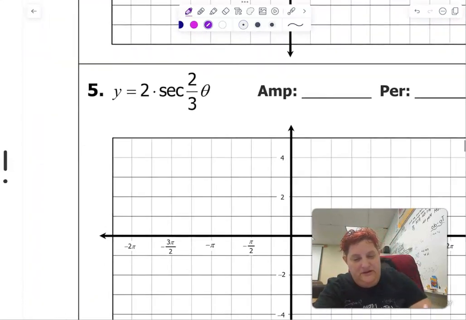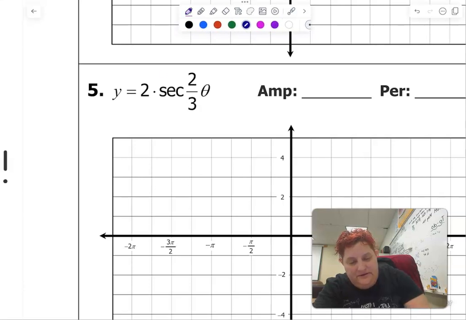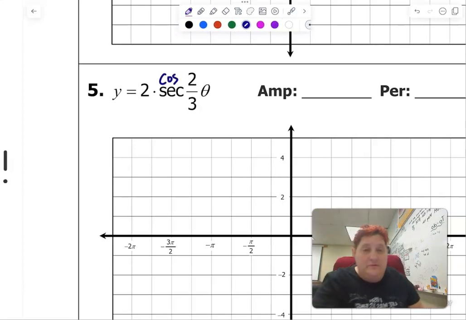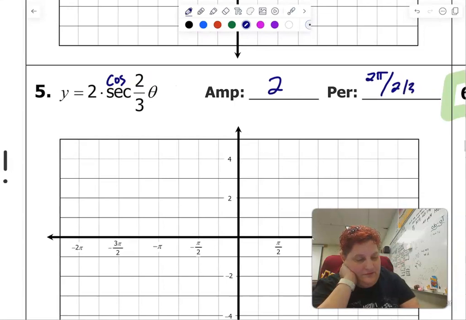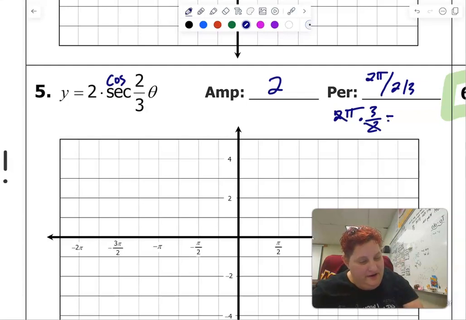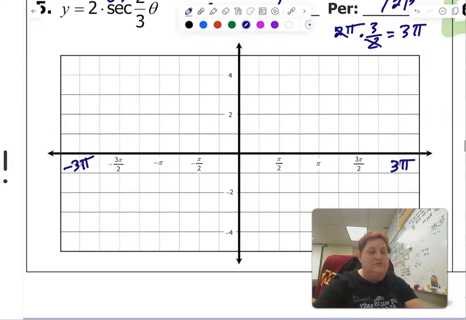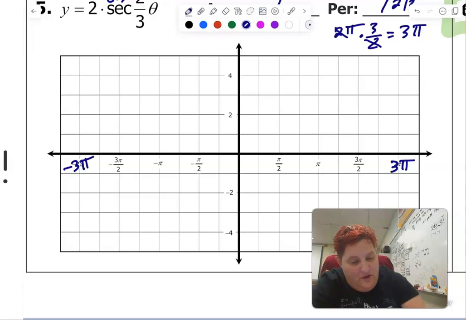Okay, if I'm going to do secant, let me go ahead and say that that goes with cosine. Amplitude is 2. The period is 2 pi over 2/3, and so what I get for my period is 3 pi. Now look, that's going to go here and here. And remember, this is with sine, cosine, secant, cosecant. The way that you figure out all these parts leading up to it is you divide the period by 4, reduce it if you can. That does not reduce.